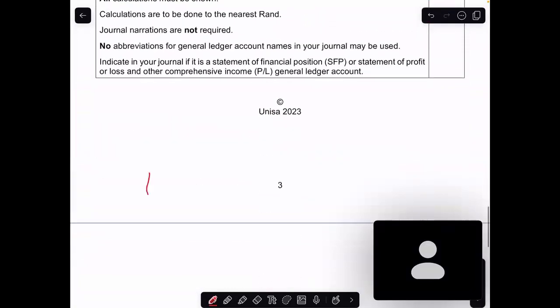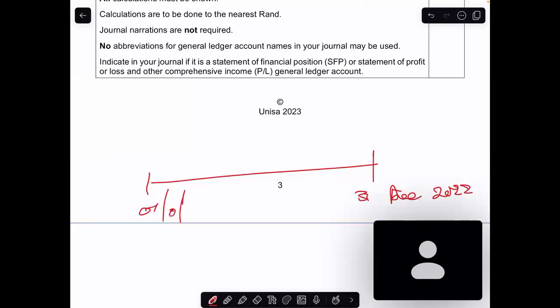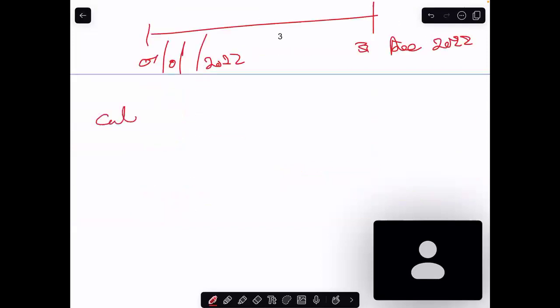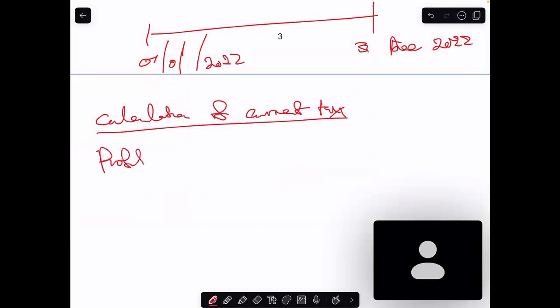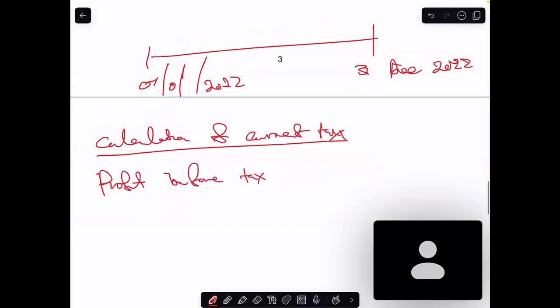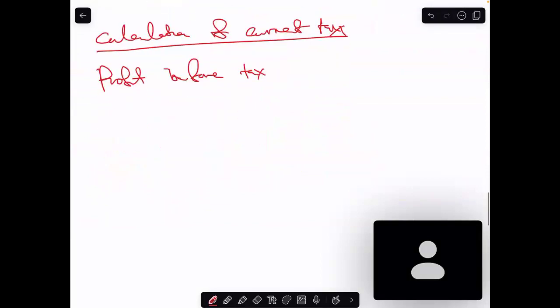Timeline first: the year end is 31 December 2022, meaning the beginning of the year is 01 January 2022. Right. Calculation of current tax. What is the departure point? Our departure point is profit before tax. That is our departure point. We only need 2 columns.